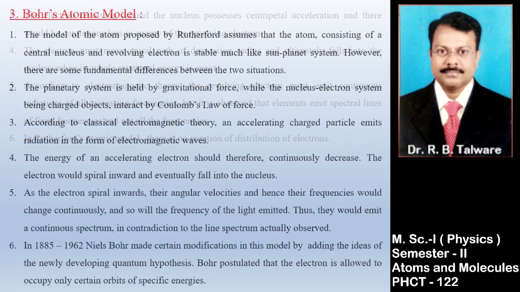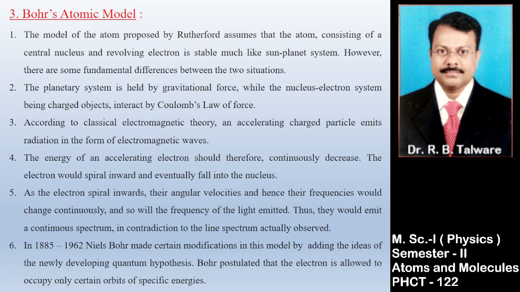Now we have to discuss the next model, the Bohr atomic model. In this model, the atom proposed by Rutherford assumes the atom consisting of a central nucleus and revolving electrons is stable, much like the sun-planet system. However, there are some fundamental differences between the two situations.